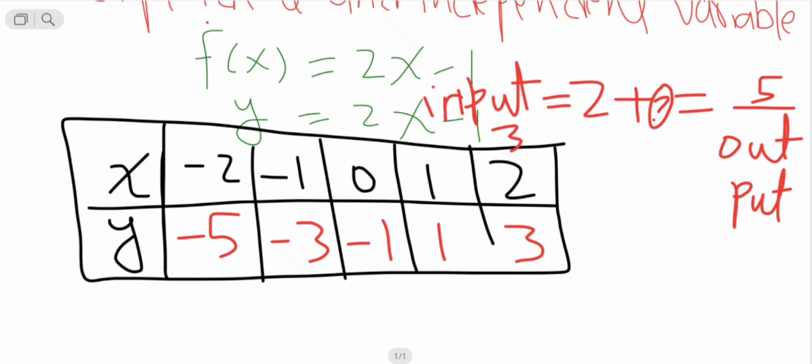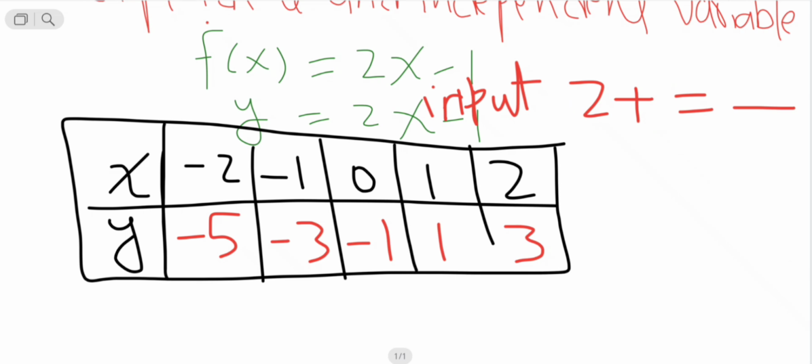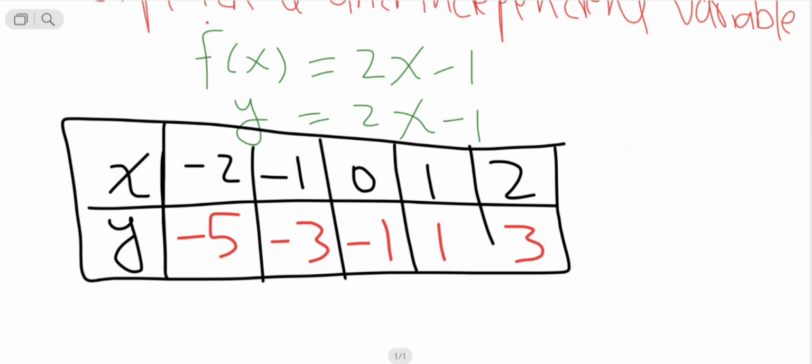Now for the higher grades, 9, 10, 11, 12, even for the foundation of the university students, we will use x values as input and y values as output. So x values are what? Input, and y values are what? Output. How?